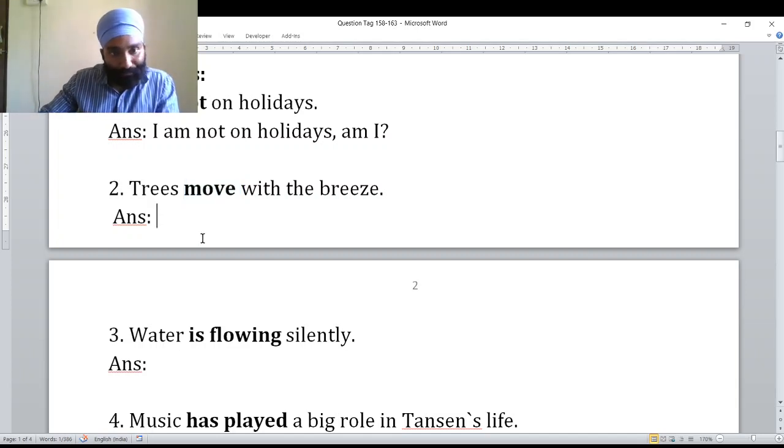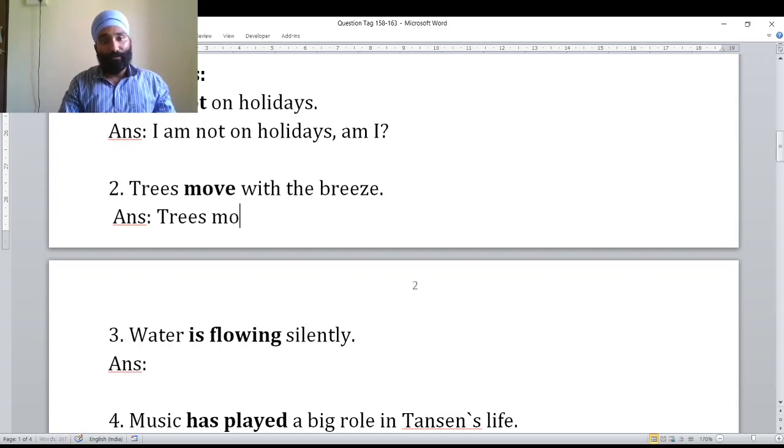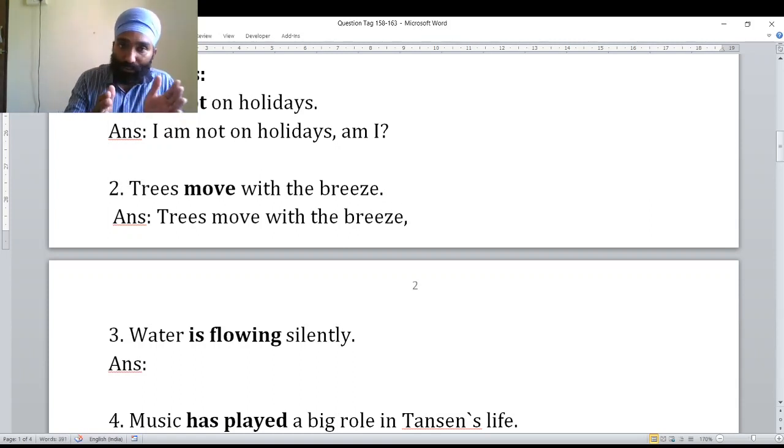So here, to add a question tag in the sentence, first of all, write down the complete sentence. Trees move with the breeze, comma. Now we have to use a helping verb depending upon the tense and agreeing with the subject of the sentence.